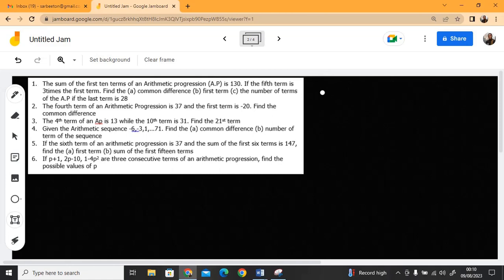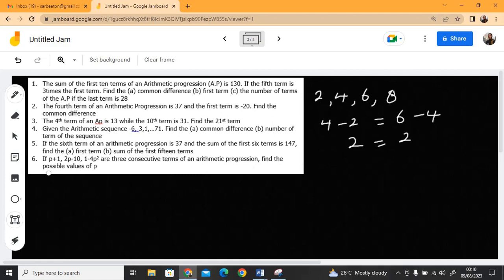If I give you 2, 4, 6, I'm very sure that 4 minus 2 is the same as 6 minus 4. 4 minus 2 is 2, 6 minus 4 is 2.